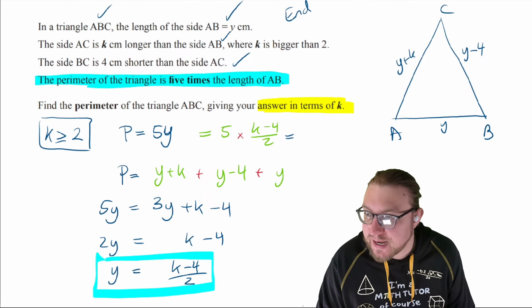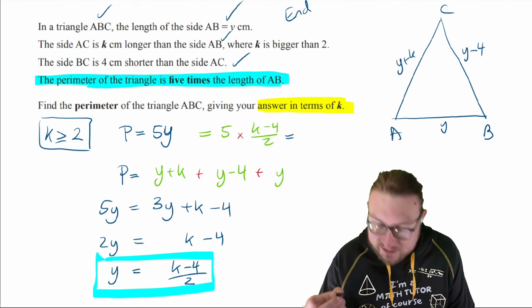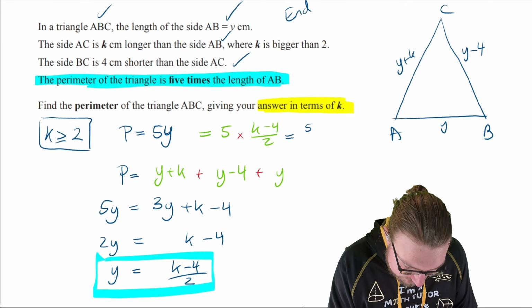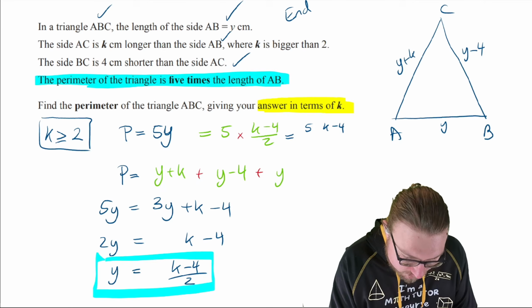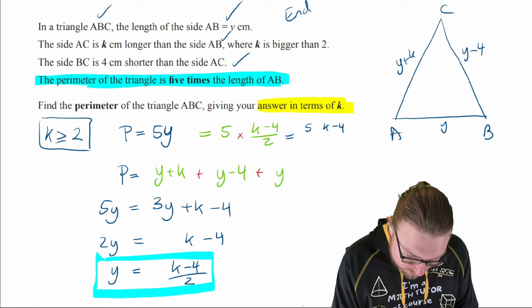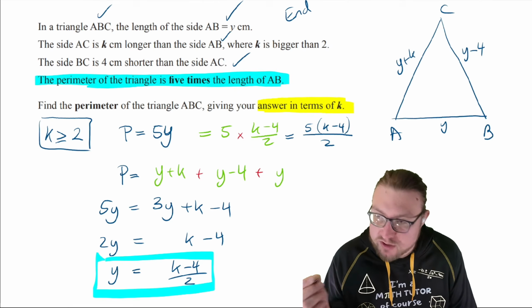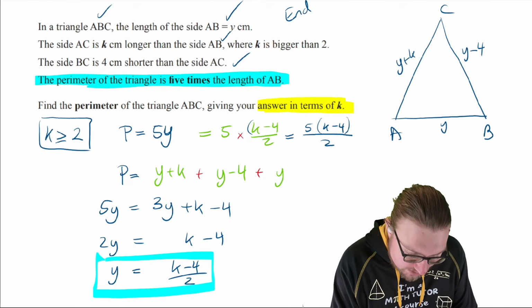How do we multiply a number times a fraction? That is the number times the numerator. So we're going to get 5 times k minus 4 over 2. And here we do need brackets. Why is that? Because every time when we have fractions, the numerator and the denominator are treated as if they have brackets around them.